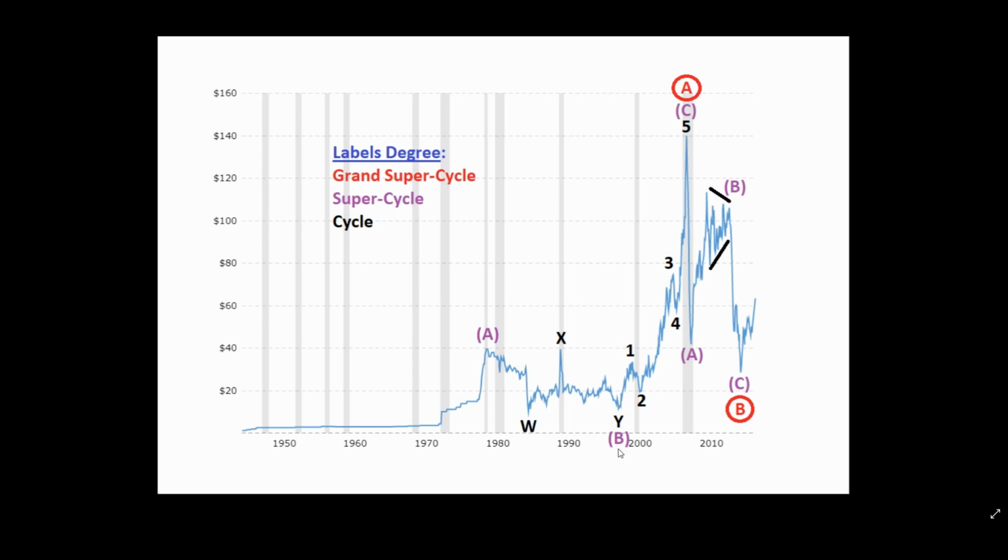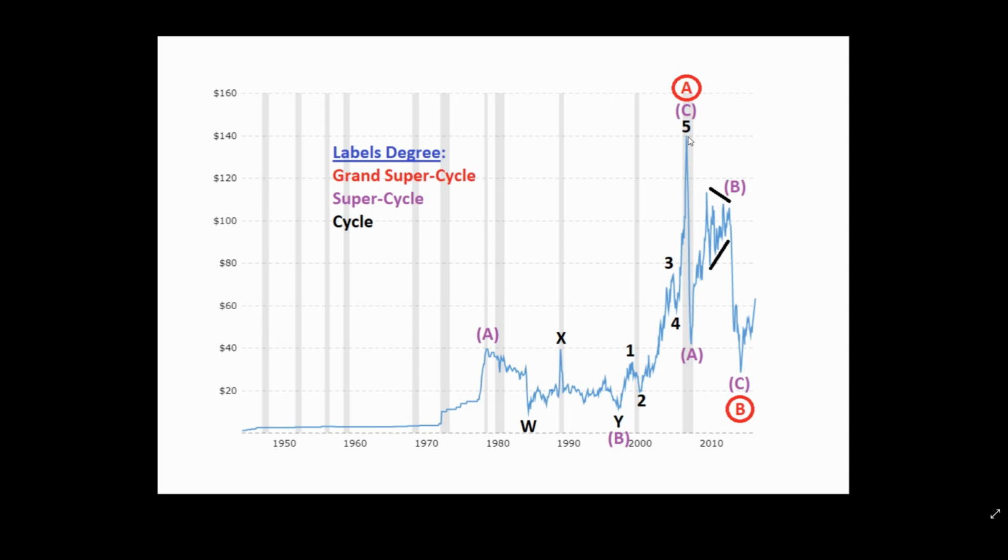Hence the reason why it's not a second wave or wave two, and it's in fact a B wave, right? Not to mention that it's followed by a one, two, three, four correction, and then the fifth wave, the most powerful one, right before the 2008-2009 recession.